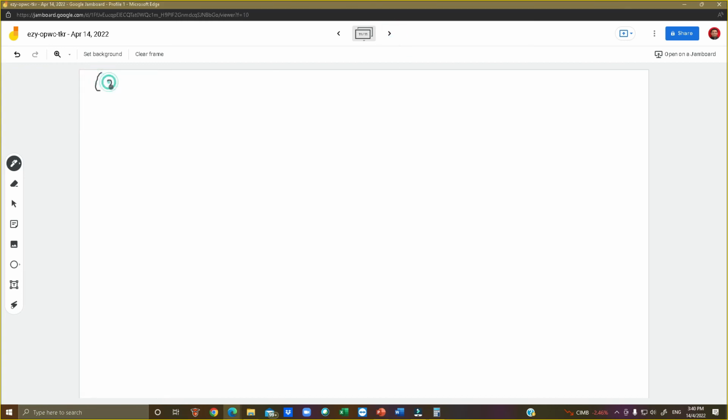The third equation is the combination of both, which is V2 square equals to V1 square plus 2AD. Kita dah ada D kat sini. Kat sana pun ada D. Okay, now, when we go here, this one resemble the whole action.